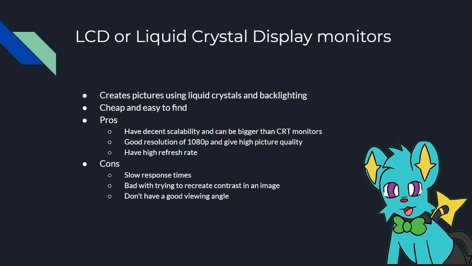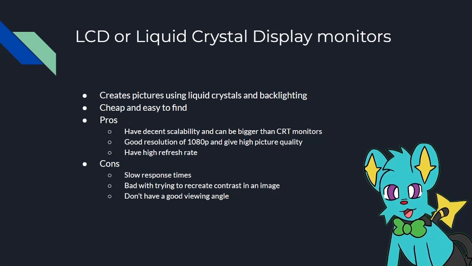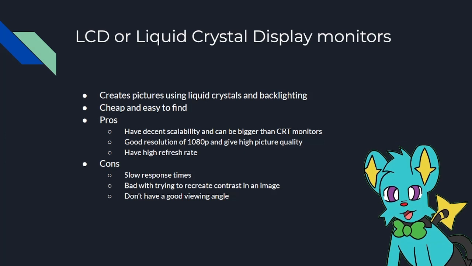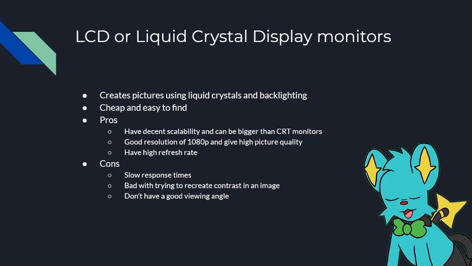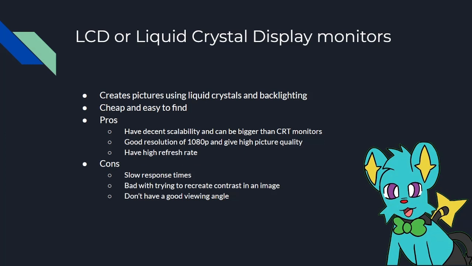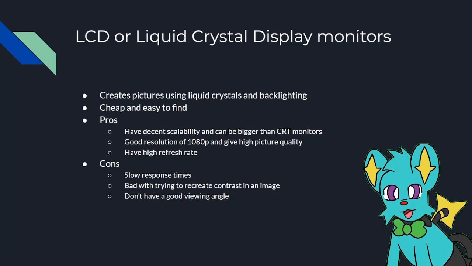The problem is that they have slower response times than most other monitor types, don't have a good viewing angle, which is the angle at which you can look at the monitor and still get the right colors. If you look at a specific angle on most monitors, the colors will start to distort and look weird. That is the result of the viewing angle. It means you are outside of the good viewing angle for that monitor. And they are bad at creating contrast within an image.